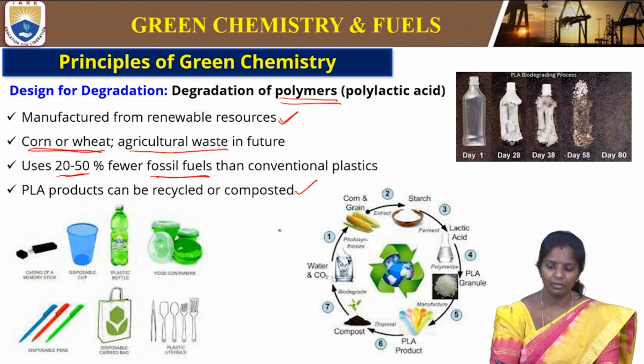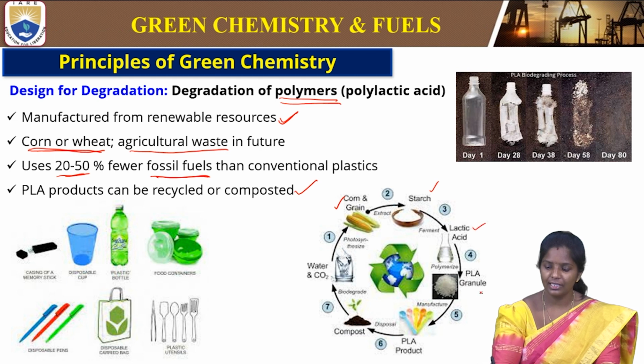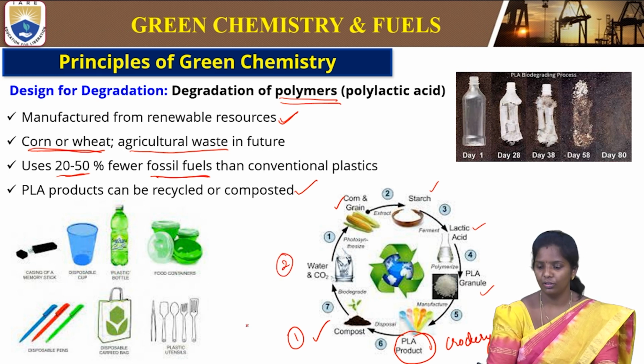Whenever the manufacturing is going on with the agriculture waste, for example, this corn is used in making the polylactic acid. First it is made into starch, then lactic acid and polylactic acid, and finally the product comes out. Crockery, for example, we can compost, or we can decompose in water or carbon dioxide, that is biodegradation.